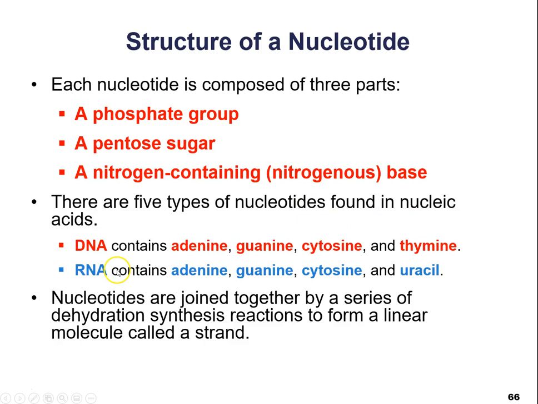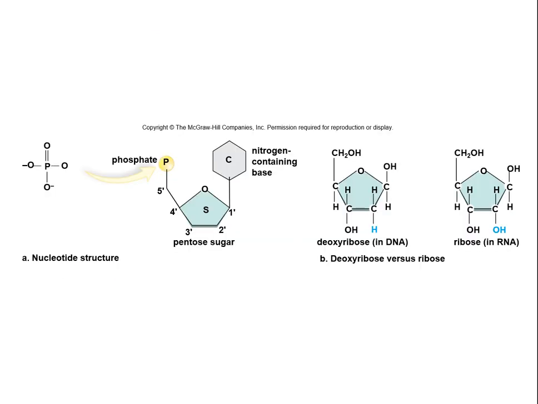In RNA, all of the same, except that there is no thymine. It is uracil. And if we talk about pairing of these nucleotides, adenine pairs with thymine, guanine pairs with cytosine. In RNA, adenine pairs with uracil, guanine with cytosine. All right, again, same reaction. When we join nucleotides together, it's a dehydration reaction.